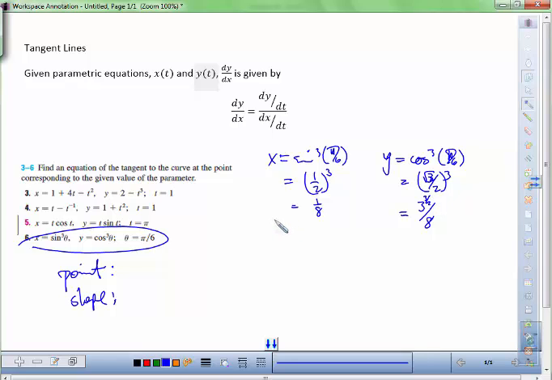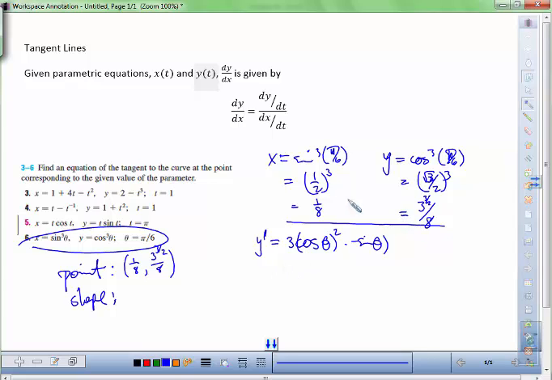We need the slope, so we need to take the derivative of each of them. Let's take the derivative of y first. Let me put this down: 1/8, comma 3 to the 3/2 divided by 8. So that's your point. Now let's find our derivatives. To get the derivative of y, it's 3 cosine squared theta times the derivative of cosine, which is negative sine theta.